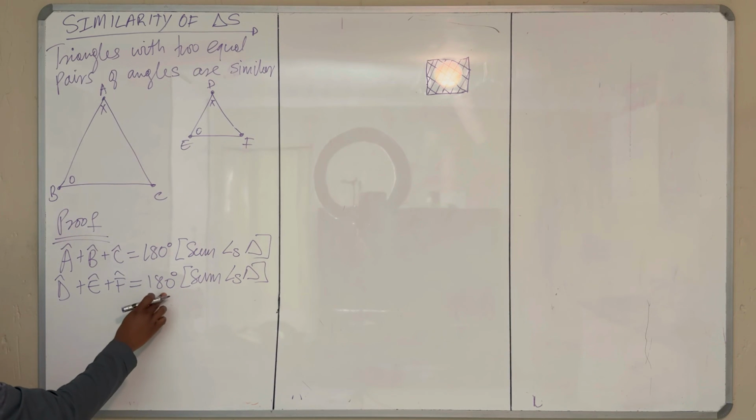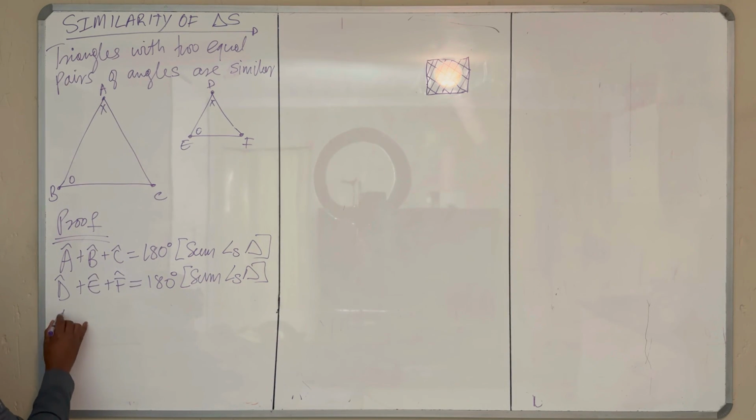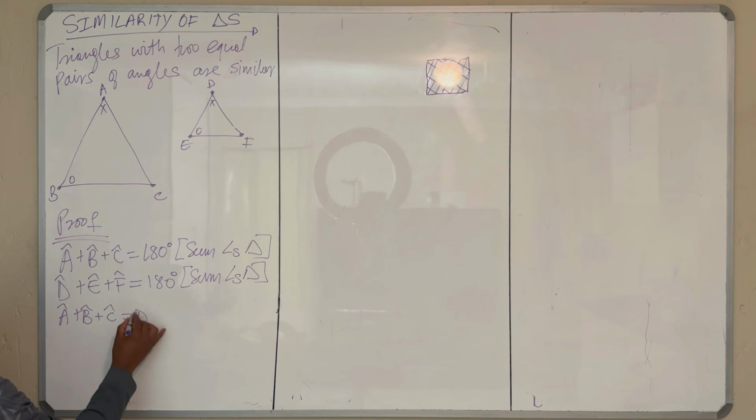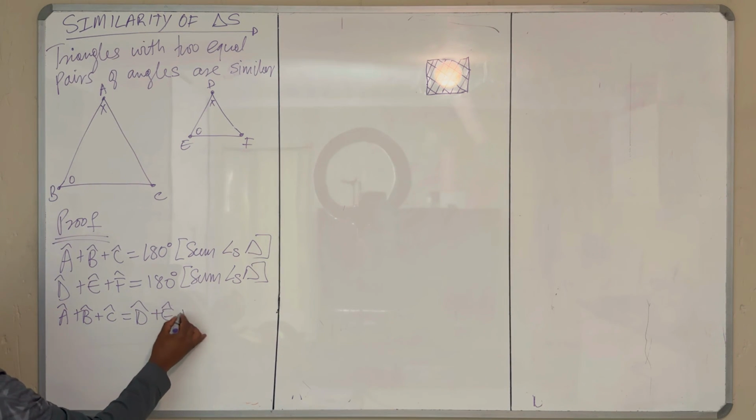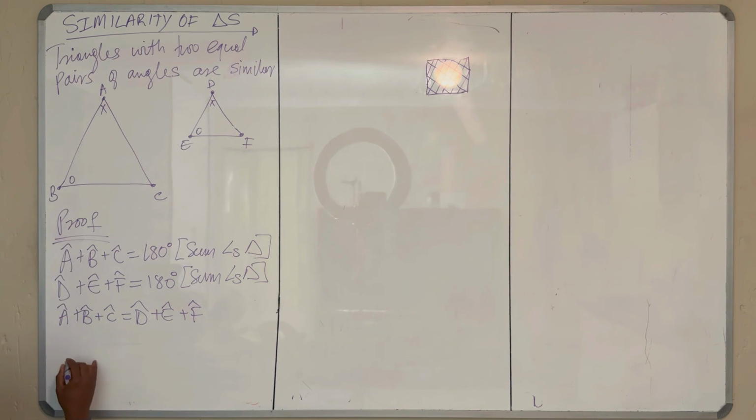The right hand side is equal to the right hand side, so the left hand sides are equal too, which means angle A plus angle B plus angle C is equal to angle D plus angle E plus angle F. Are you happy with this? Yes, I'm happy. But remember, angle A is equal to angle D. This was given. And angle B is equal to angle E. This was given.